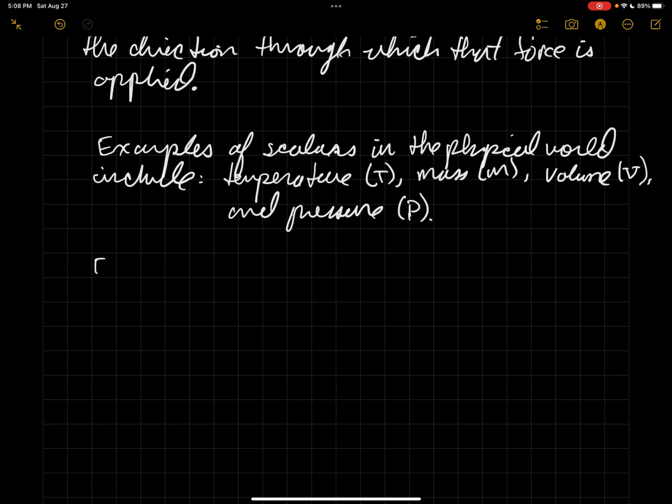Examples of vectors include one that we've already talked about, of course, velocity.